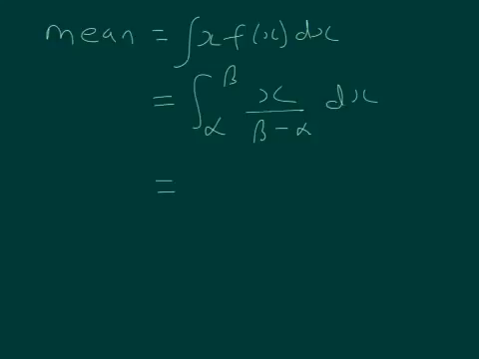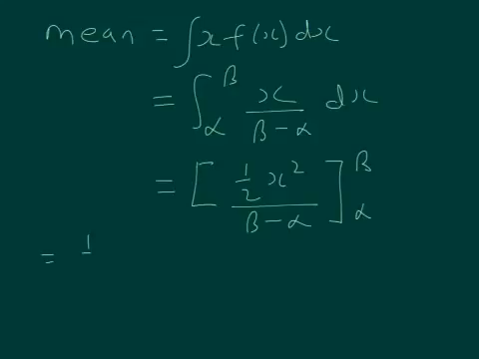If you integrate this, we get a half x squared over beta minus alpha between alpha and beta. Then we substitute in the values, so we get a half beta squared over beta minus alpha minus a half alpha squared over beta minus alpha.